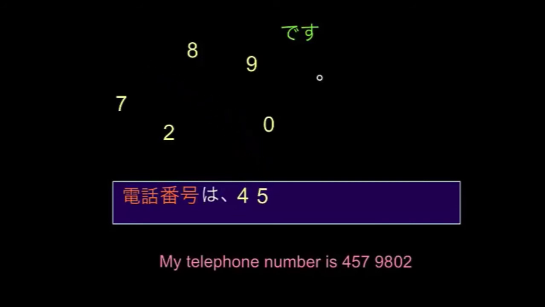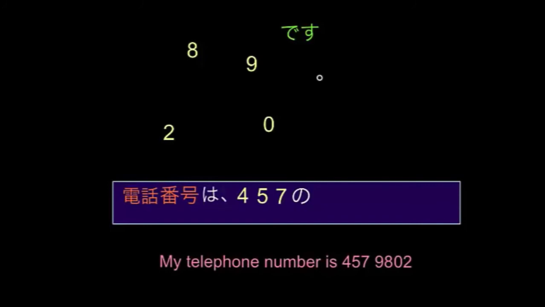Now in our English number we have a space next, and in English you would simply pause. But in Japanese you actually have to pop something in that space. And that something is particle no. Normally we use no to link two nouns, but in this case we're going to use it to link the two halves of the telephone number.